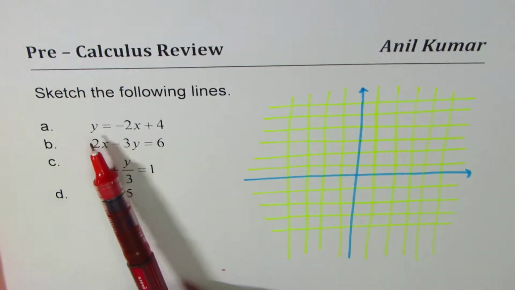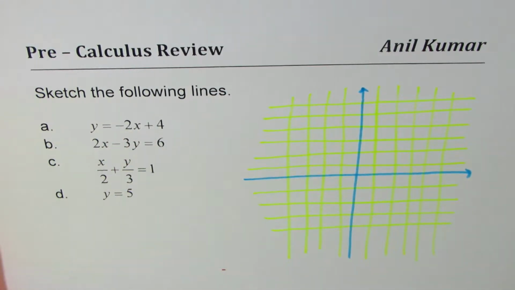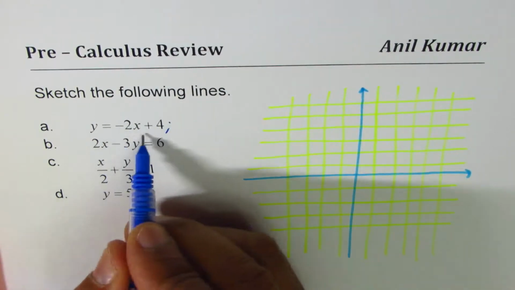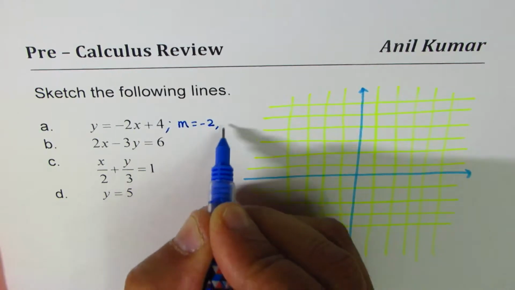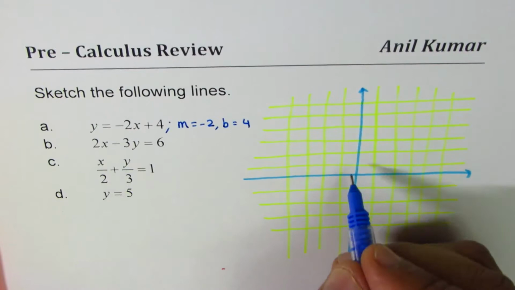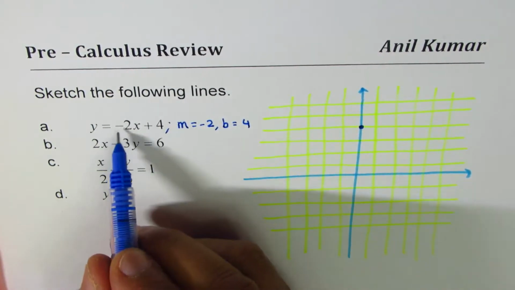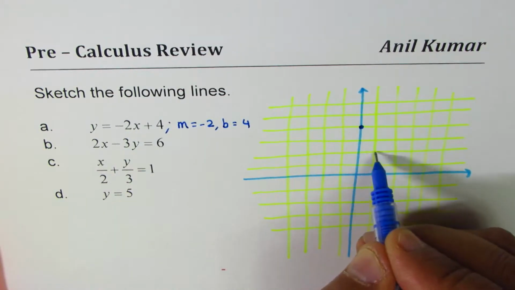The first line is y equals minus 2x plus 4. Now this is slope-intercept form. From this equation, you can read slope m as minus 2 and y-intercept b as 4, correct? So 1, 2, 3, 4 is the y-intercept. Slope of minus 2 means you can go down 1 and right.